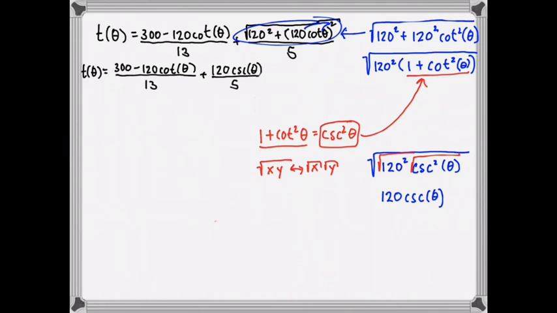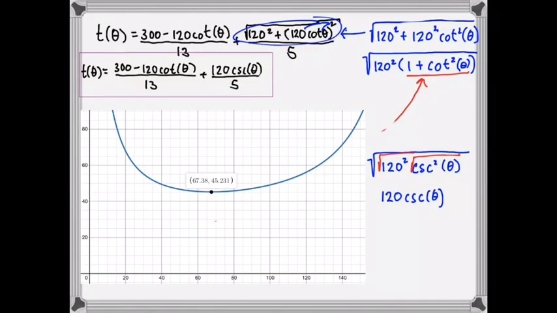But I'm going to leave that as is for the time being, and let's ask our calculator for a good graph of this thing, so we can find out what the angle is going to be to minimize the time. Okay, so here we go.